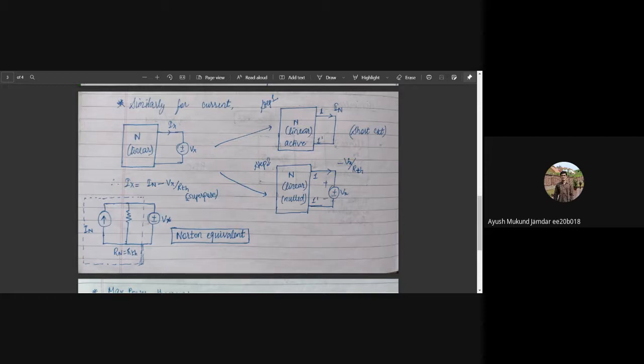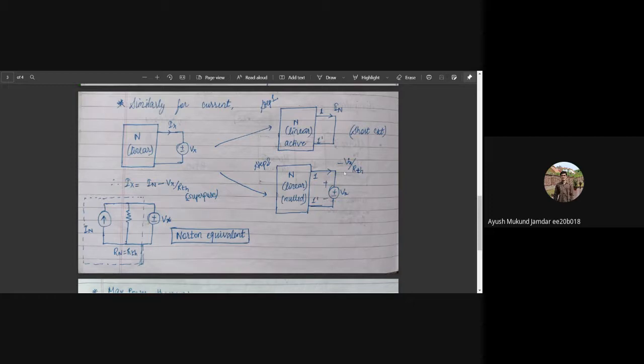Since, once again, after removing the independent sources, the network can be realized as just a resistor, we will have a current Vx by RTH flowing in the direction opposite of IN. Because in this second diagram you can see that if this is a resistor, the current will be driven by the voltage source Vx.